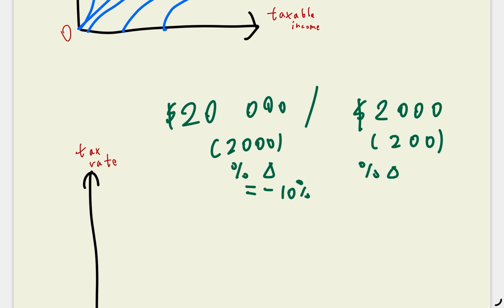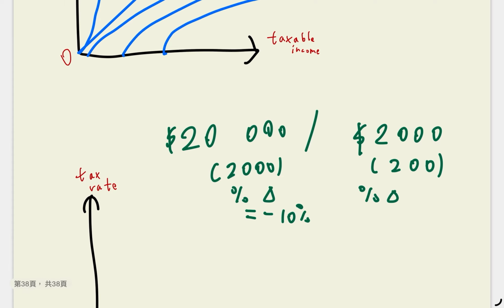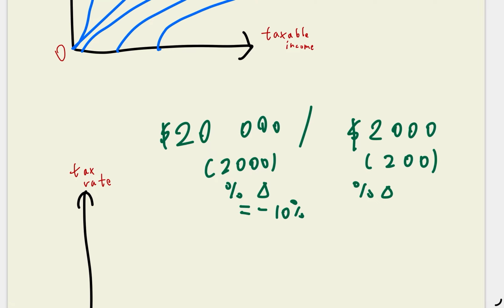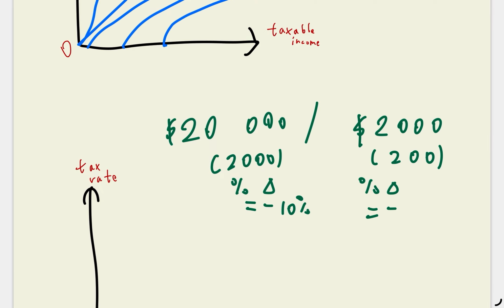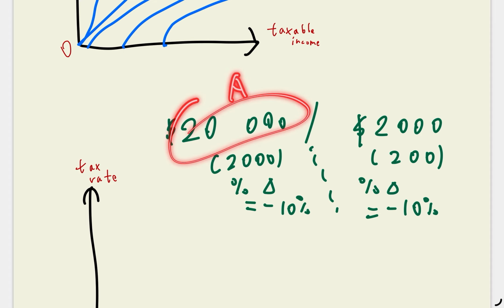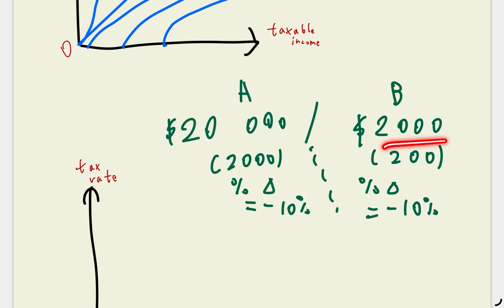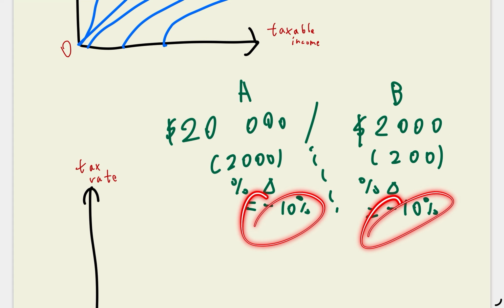Now we're gonna do the same for this. 1,800 minus 2,000 divided by 2,000. When you figure this, the percentage change for these two, person A, let's call this guy person A, and call this guy person B, 20,000 and 2,000, it all comes out to 10%.